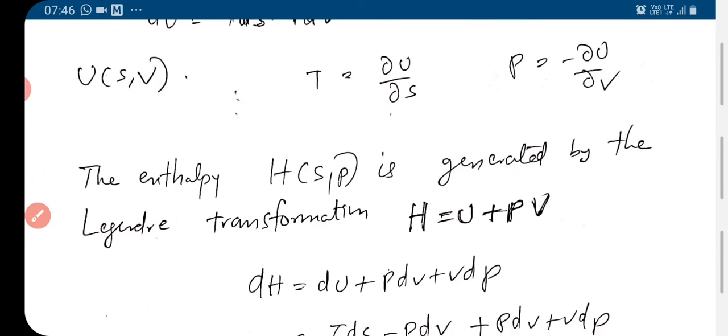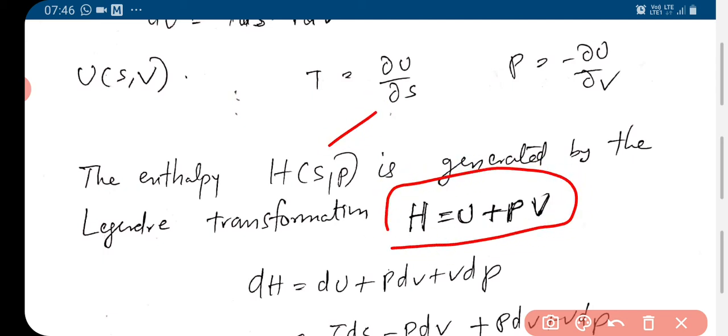Now through the Legendre transformation, we generate a function H, a function of entropy and pressure, which is defined as H equal to U plus PV.